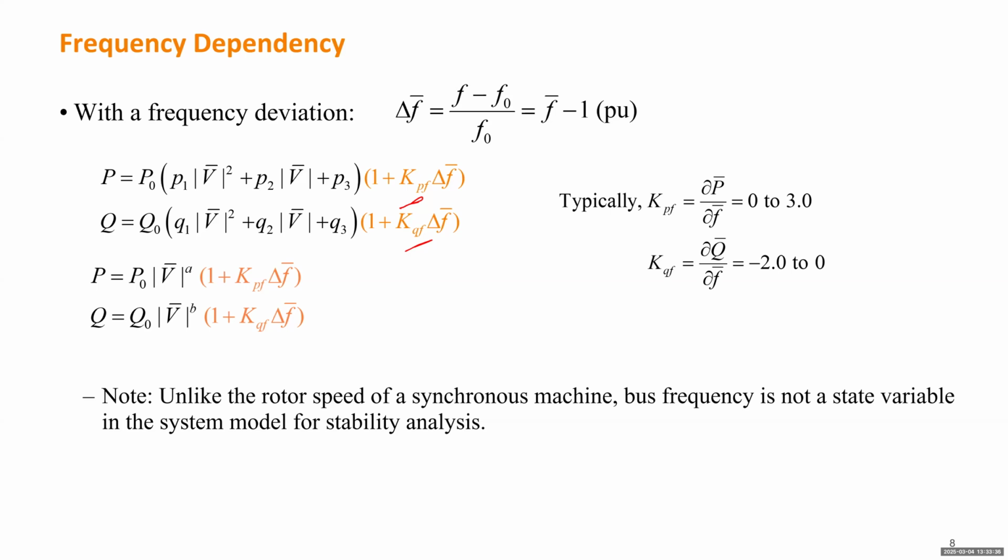So if tau is non-zero, it will take some time to change. But when it's not a state variable, there's no such time constant. Or in other words, maybe the time constant is too small, so we don't have to consider it. It may be microseconds, much less than the time frame we consider for a stability study. Then it's not a state variable, which means bus frequency can change instantaneously.